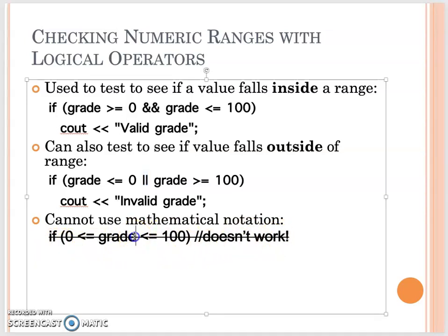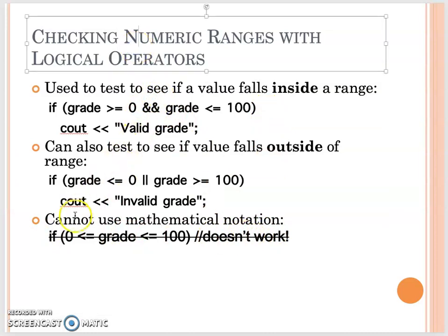But we can just do it like this: x greater than or equal to 0, and because they need to match at the same time, x less than or equal to 100. So you can do it this way, but you cannot do this. That's about the logical operator.